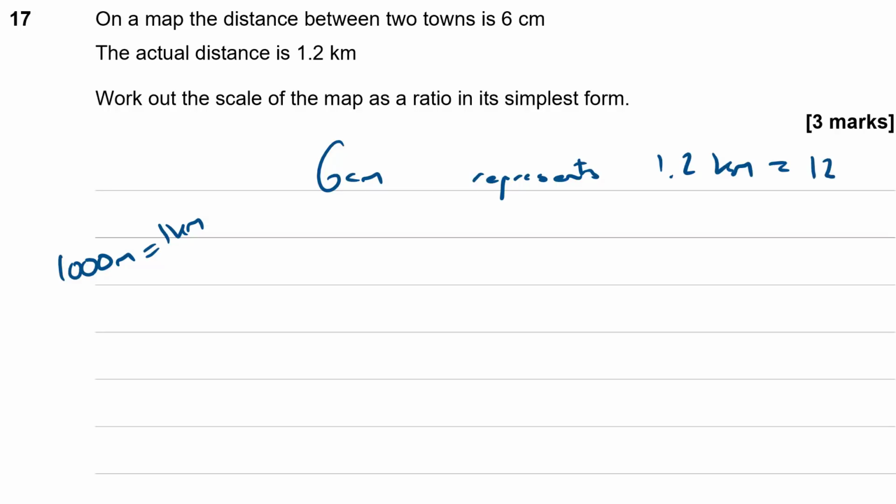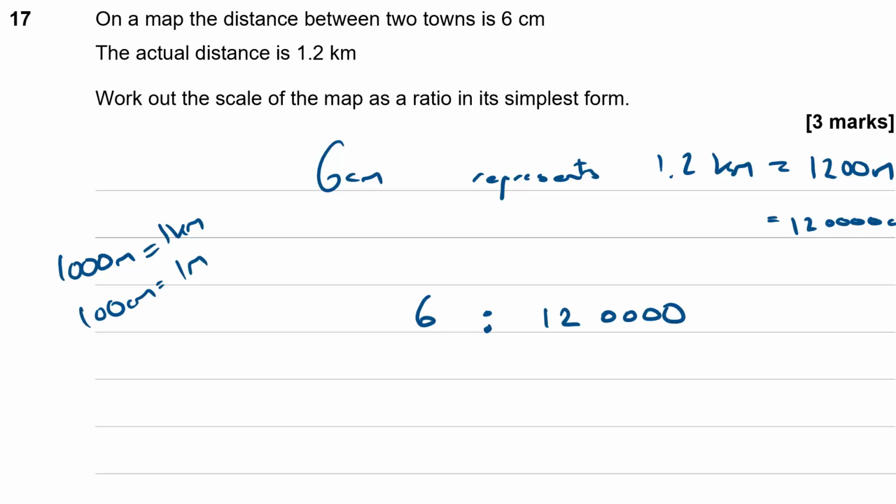is 1,200 metres. And there are 100 centimetres in a metre. So multiplying that by another 100, I'm going to get 1,200,000 centimetres. So then my ratio is going to be my 6 centimetres to my 1,200,000 centimetres.